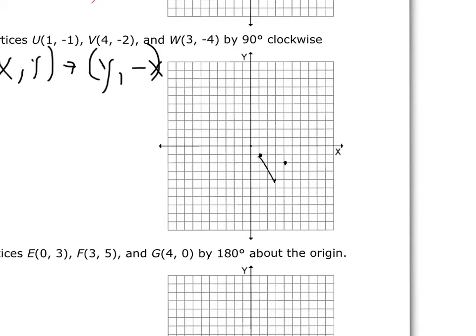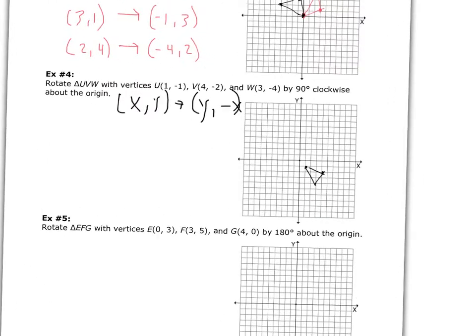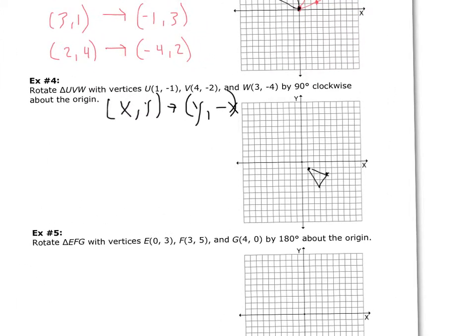Okay, so here's our original triangle, and we want to go ahead and convert those 90 degrees clockwise. So let's go ahead and take the points 1, -1, 4, -2, and 3, -4, and convert those.